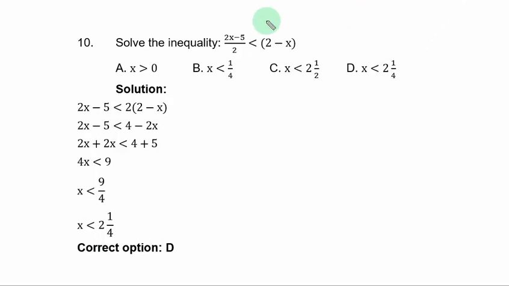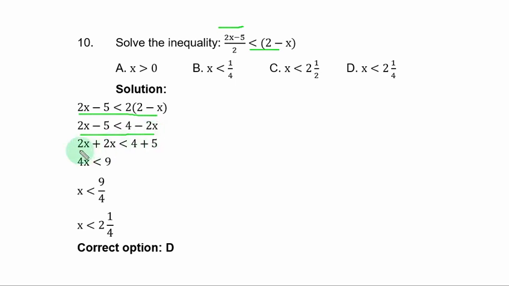Question 10. Solve the inequality (2S minus 5) over 2 less than 2 minus S. Let us start by clearing the fraction. To do that, you use 2 to multiply, and you have this result. If you expand the right hand side, you have this result.